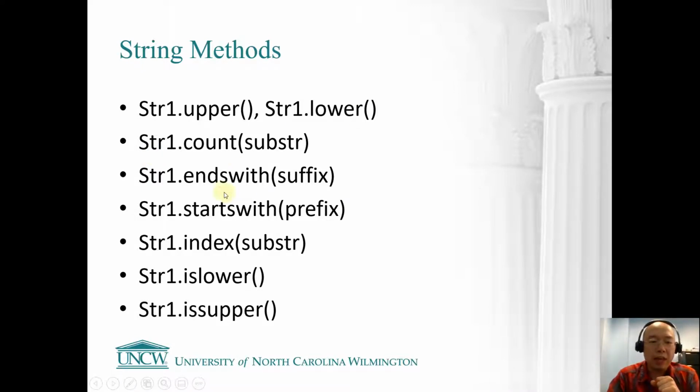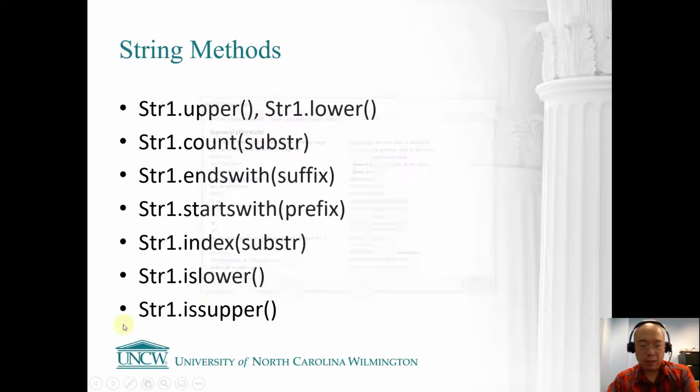And we have endswith and startswith, and then we can check whether a string starts with a substring or ends with a substring. And we have index, we talked about that, and then we have islower. It will tell you whether it is an all lowercase string, or we also have isupper. I think it should be isupper.